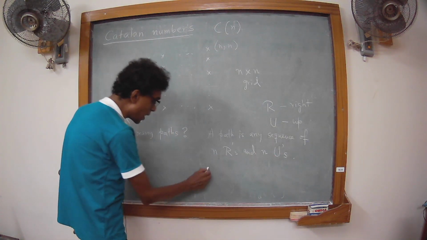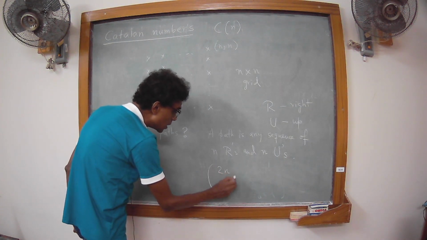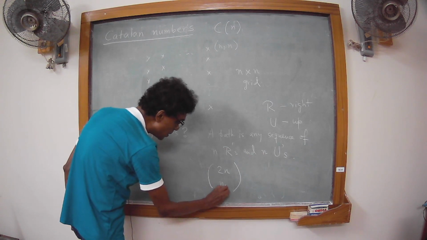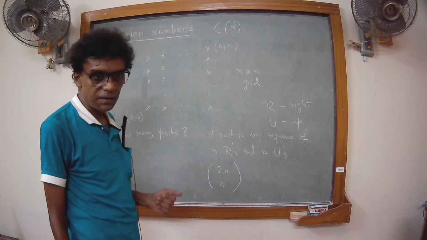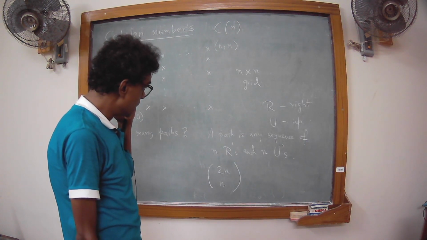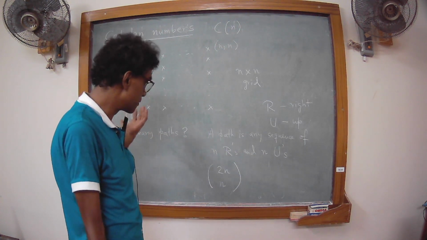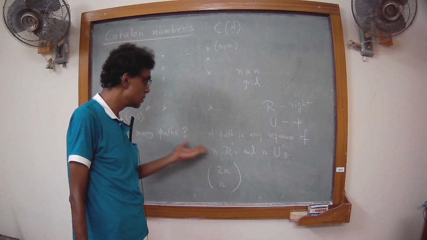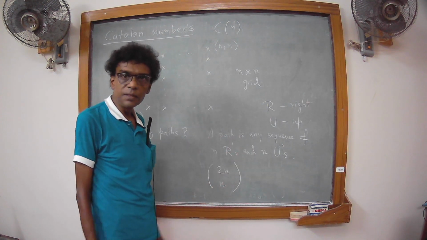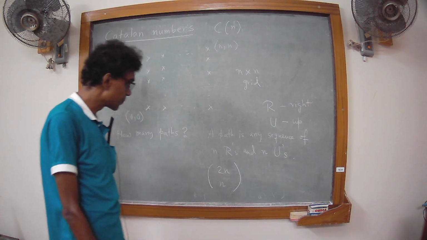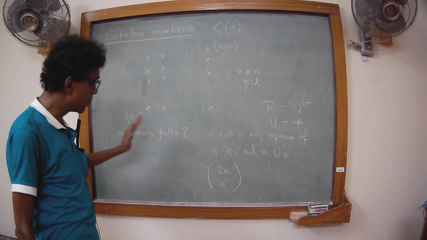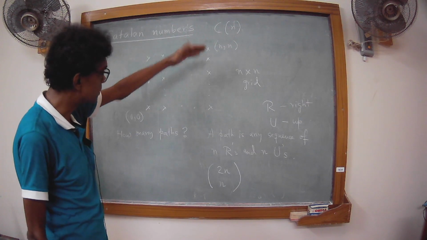Out of 2n choices of positions, you choose any n as R's, and each such choice gives you a path. Conversely, given any path, you can generate a sequence of n R's and n U's, and this construction is reversible. So that is the simple counting problem: 2n choose n.